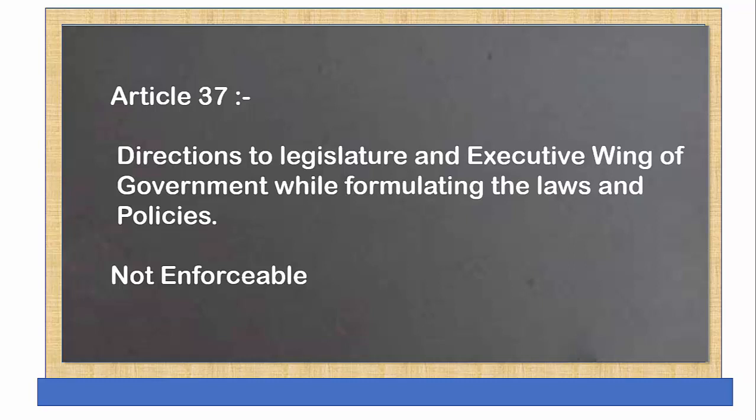So while implementing any kind of laws or policies, they have to keep in mind the Directive Principles of State Policy, and the exact statement is derived under Article 37. So remember, Article 36 gives the same definition of the state as Part 3 under Article 12. Article 37 itself speaks about the whole aim of the DPSP, that these are directives which the government will have to keep in mind while formulating any kind of policies.